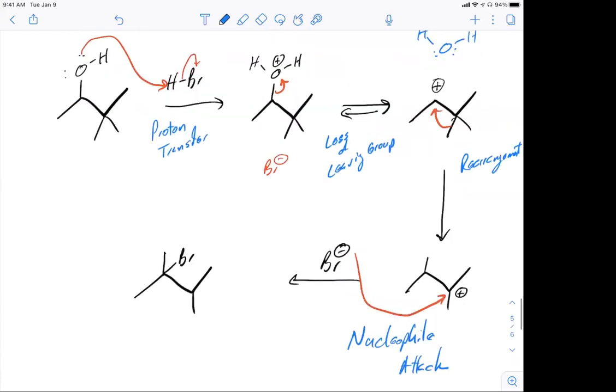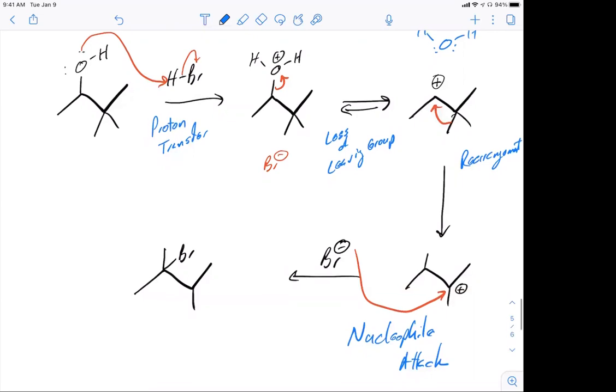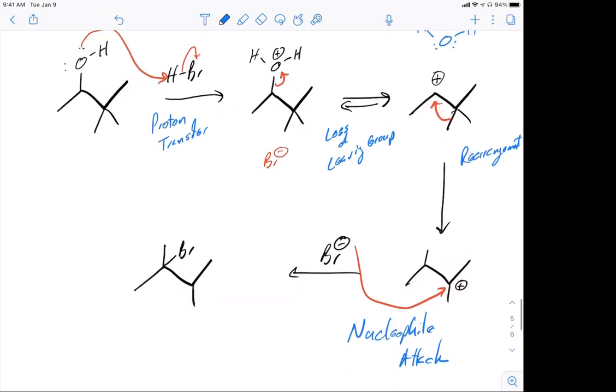So this reaction process is a proton transfer followed by a loss of leaving group, followed by a rearrangement, followed by a nucleophilic attack. This way we can get those together. Yes, that's rearrangement. And yes, that's leaving group. Nucleophilic attack. Okay. So we can start putting these together in these forms.